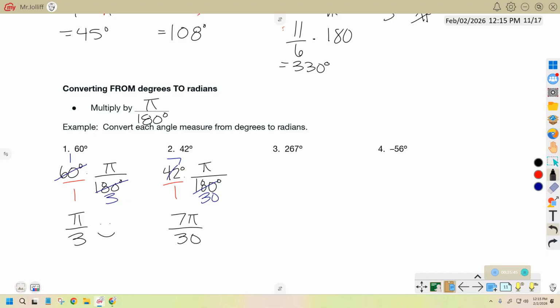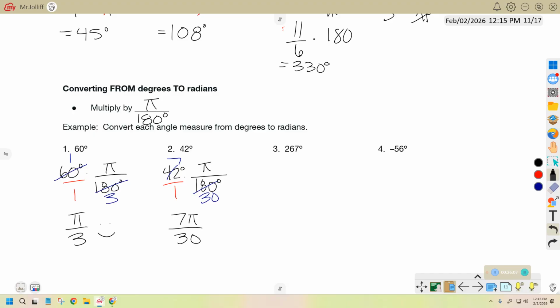If you are not sure that you reduced correctly, you can take the number parts, ignoring the pi, 42 over 180, and on your calculator do 42 divided by 180, and then go math frac, and it will convert it to a reduced fraction.